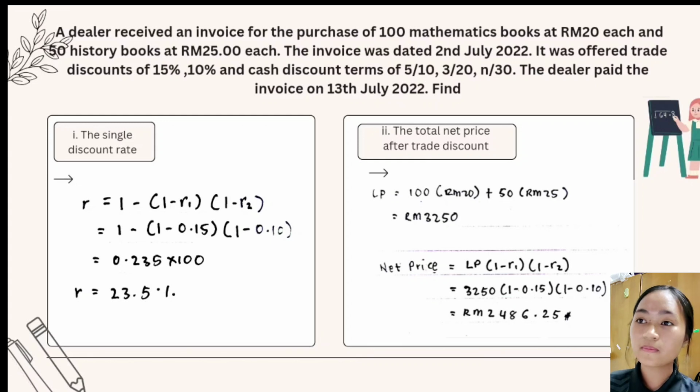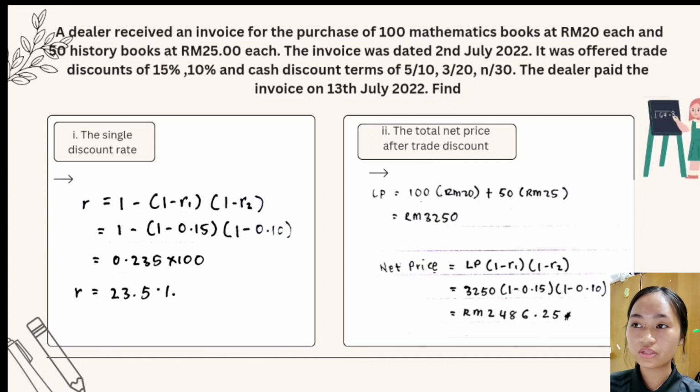The first question is, find the single discount rate that is equivalent to the series of trade discounts given. I will use the single rate equivalent formula, which is R equals 1 minus (1 minus R1) multiplied by (1 minus R2). The rates given are 15% and 10%, and we change them to decimal form.